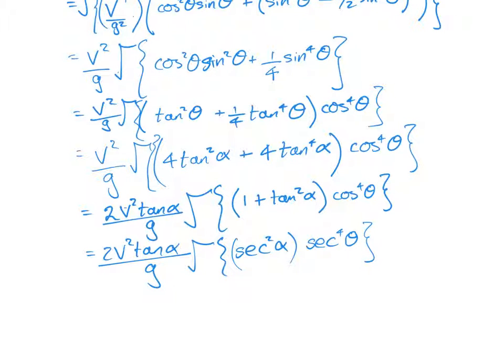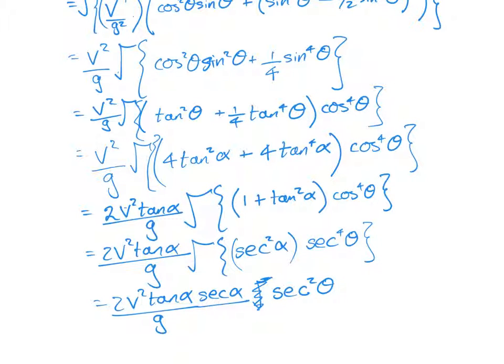That's right. So this can now come out, and I've got 2v squared tan alpha over g. I can bring a sec alpha, and we're gradually getting closer. And then we have the square root of, well actually the square root of sec to the 4, so the sec goes completely, so we've got sec squared theta, so the square root is now gone.